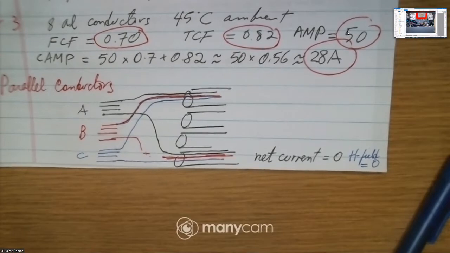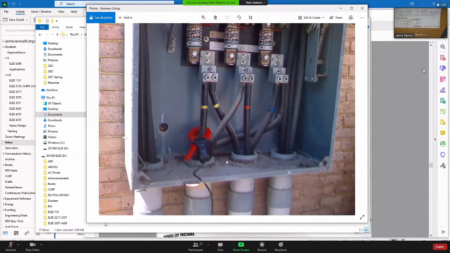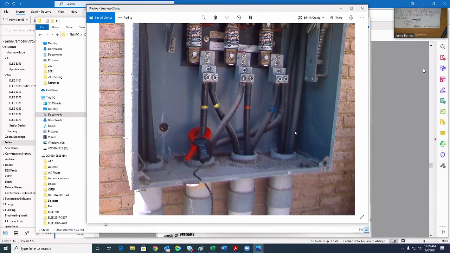See, for example, here is some paralleling, but for example, these fuses, there are two conductors in parallel, two yellow, two red, and two blue. So then there are two conduits. There is a third conduit on the right, but that's not for these conductors.